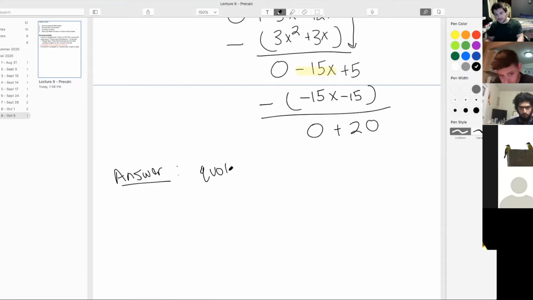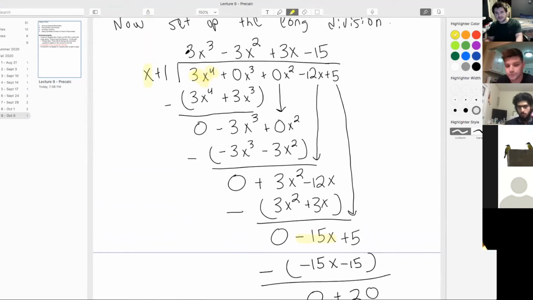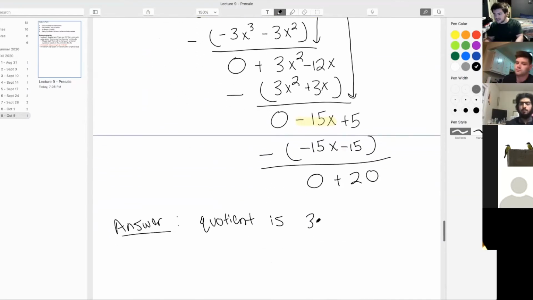Quotient. So this is how I would like you guys to format your final answer. The quotient is, if you just go up top to whatever you have obtained on top of the box, the quotient is 3x cubed minus 3x squared plus 3x minus 15.